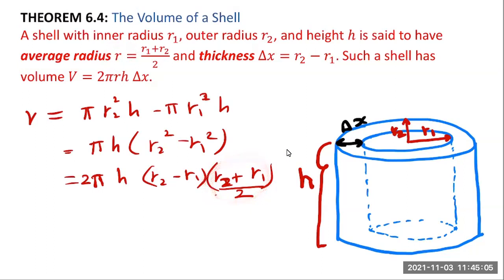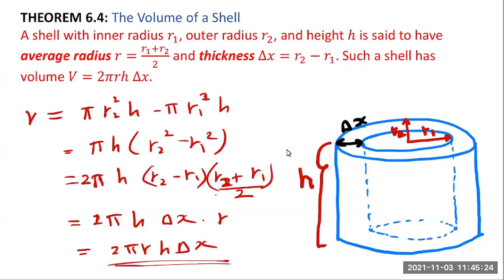So let's put that symbol there. 2 pi h delta x times R. Of course, you can rearrange this to write 2 pi r h delta x. So we have that formula. That's the volume of a shell. We'll be using this formula throughout this section. Let's move on.